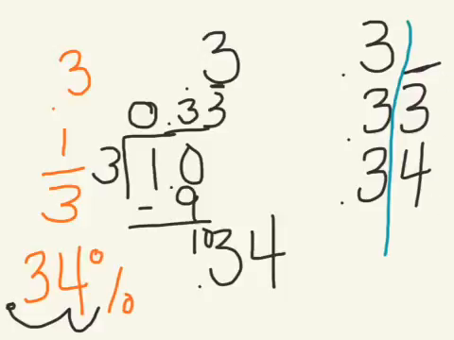Here in the 0.3, I can always add a 0, because that 0 will hold the place value of the hundredths place but not change the value of the number. Now that I look at it, let's say we want it greatest to least, I can see that 0.34 is going to be the biggest, then 0.33, and then 0.30. And that's how you compare fractions to a decimal.